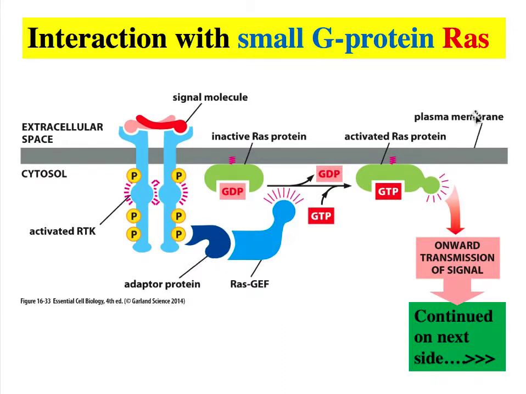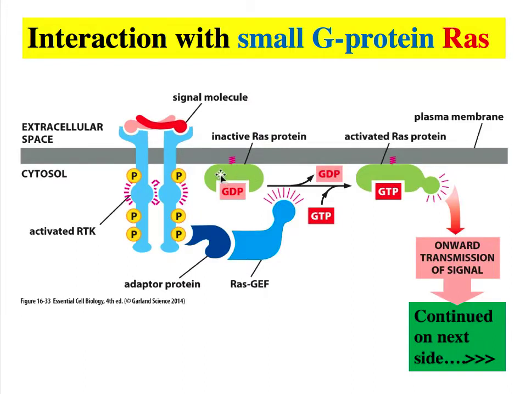In this particular example, that binding makes possible the binding of the RAS-GEF protein, which is activated. And once this protein is activated, it has the ability to interact with the target protein. And this is the name that we are going to look at right now.